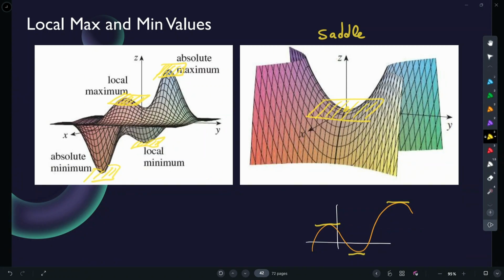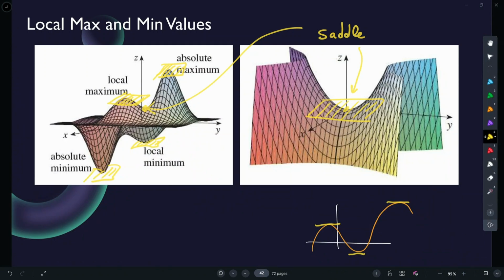So that mismatch in two directions gives you this shape, which is a saddle point, and these happen in many places. For example, in here, as I said, there is also a saddle point right there and right there.